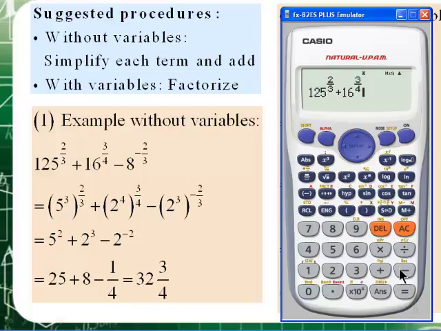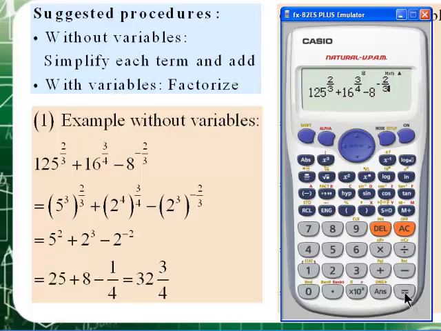And then subtract from that 8 to the power, and in this case the power is a negative fraction, so it's negative, and then a fraction, and the fraction in this case is 2/3.